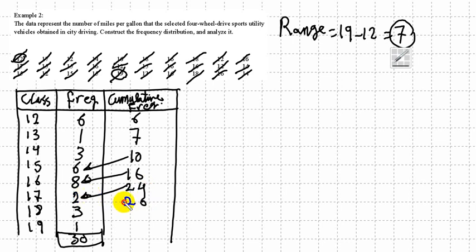Less than 18, 26 plus 3 equals 29. Less than 19, 29 plus 1 equals 30. So for the cumulative frequency, we start with the first frequency and end with the sum of the frequencies. This table is called a frequency distribution table for quantitative data.